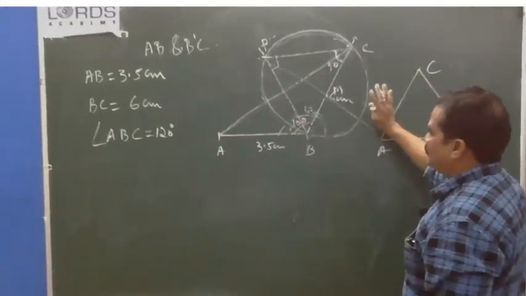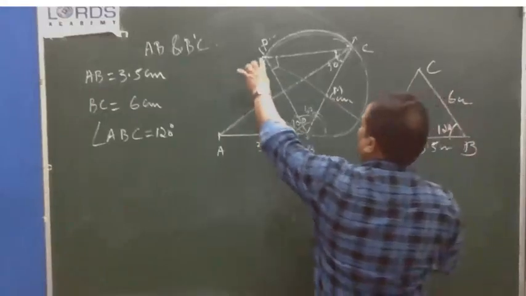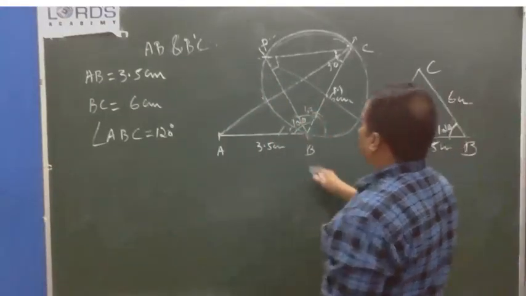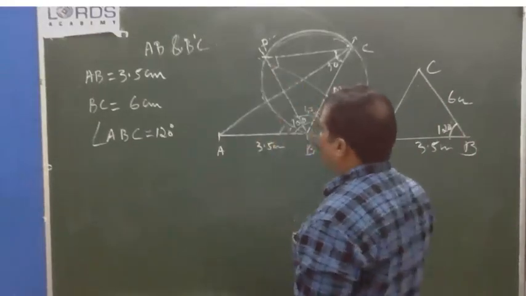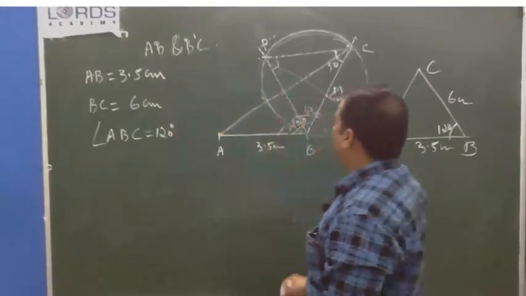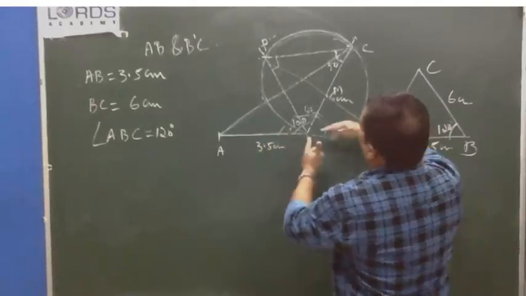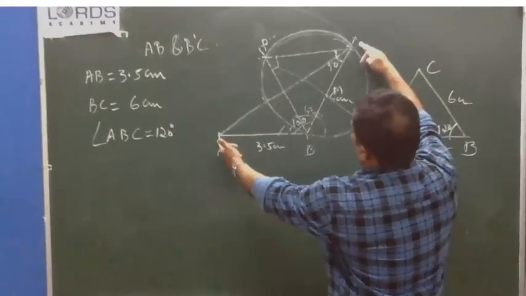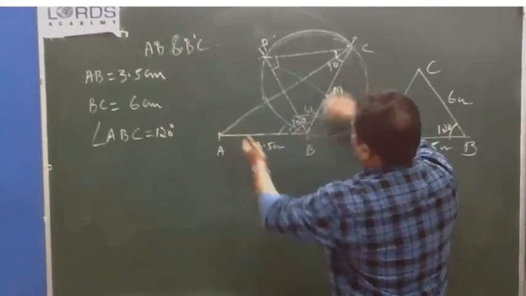In the second portion, we have to find out the position of P, that point will be equidistant from AB and BC. Equidistant from AB and BC means you draw the angle bisector of angle ABC.